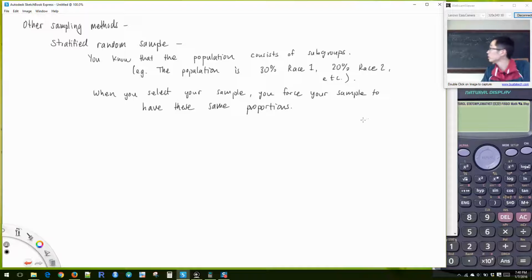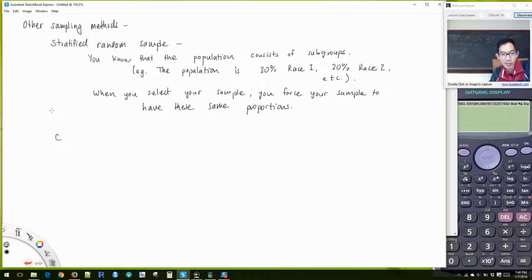Okay. You know, the risk here is if your information about the proportions that exist in the population are wrong, then your sample is going to be wrong as well. But that's the stratified random sample.